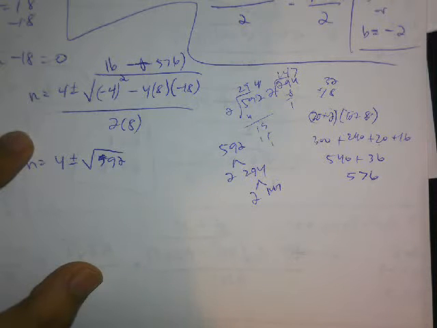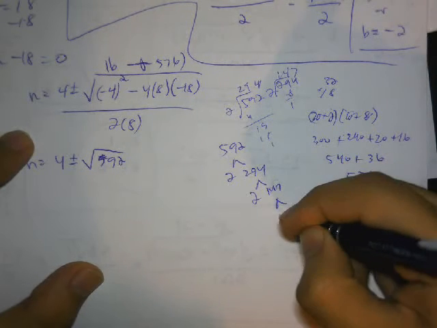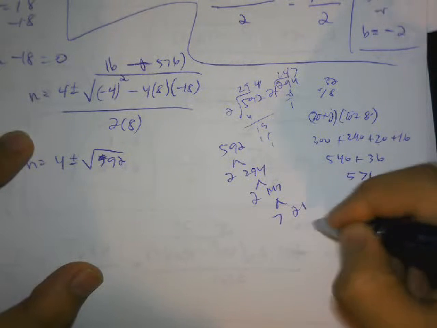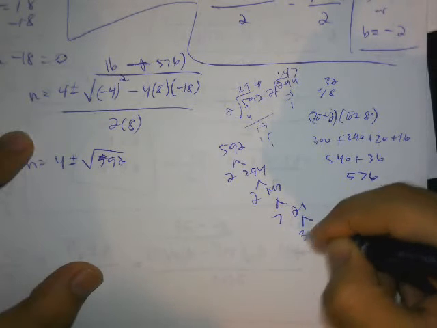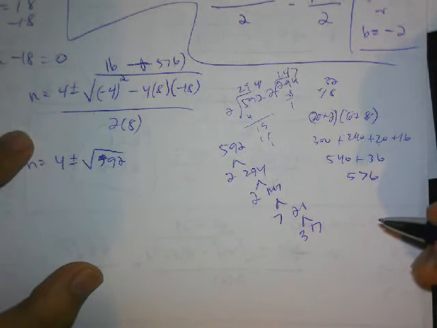What are some factors of 147? Let's see, let's try dividing it by 7 maybe? 7 works. 7 and 21, and then 21 is 3 and 7.